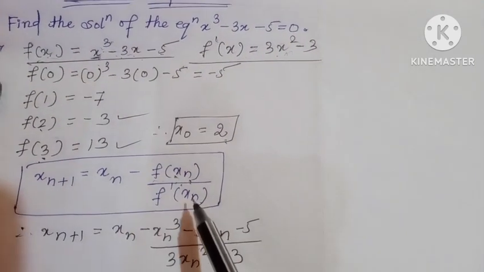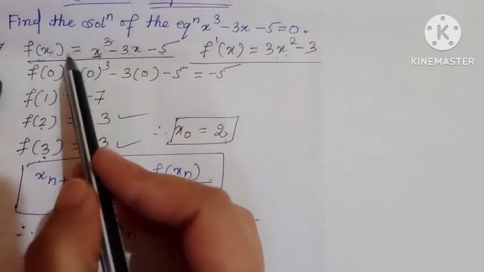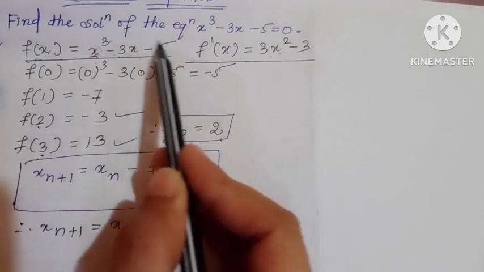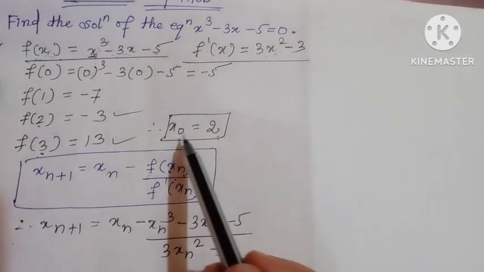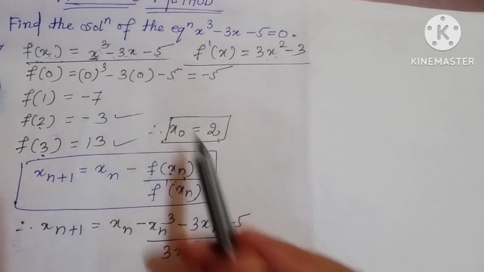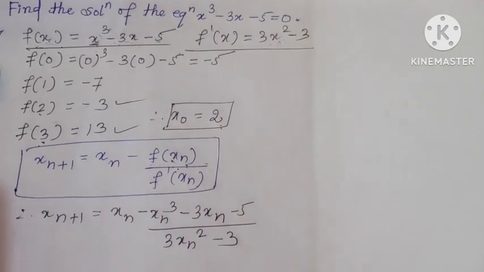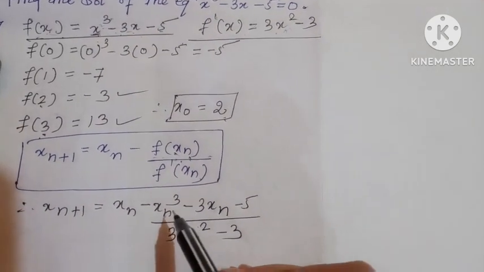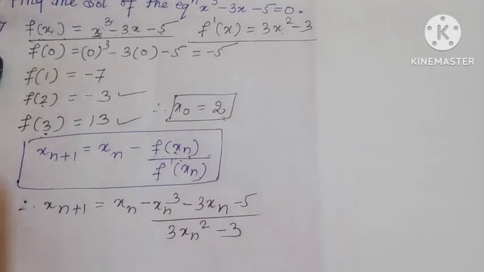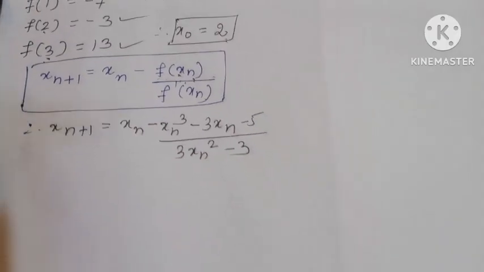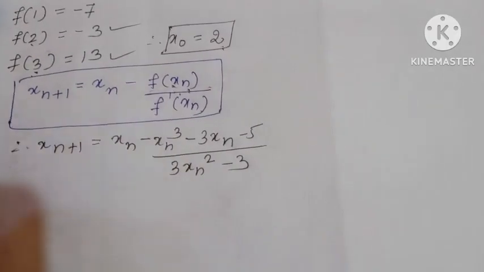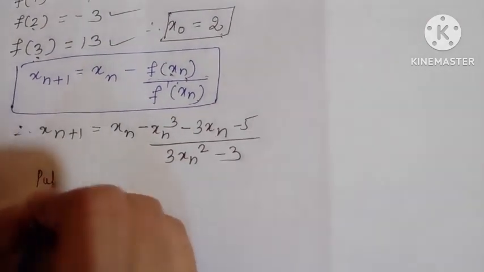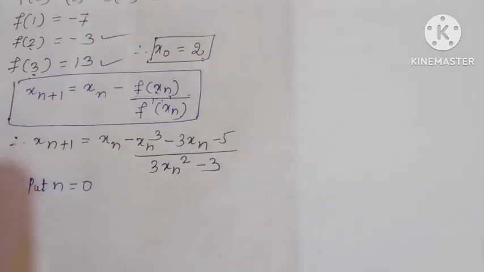See, the formula is f(xn). So we have f(x). So just substitute f(x) and in the place of x, you will substitute xn. That's it. So f(xn) divided by f dash (xn). Now just substitute the value. Put n equal to 0.